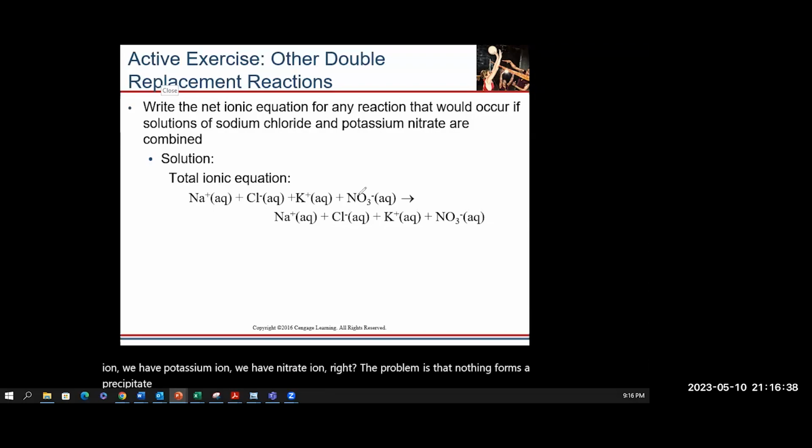Since nothing forms a precipitate on the other side, you still have these ions present, and so you're not going to see a reaction. So this would be an example of no reaction, because everything is going to cancel out as a spectator. Can you guys see that? Yes. Okay. And if you think about question number 8 on your take-home exam, this is a good example for that.